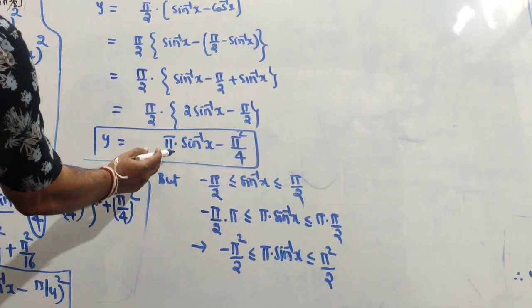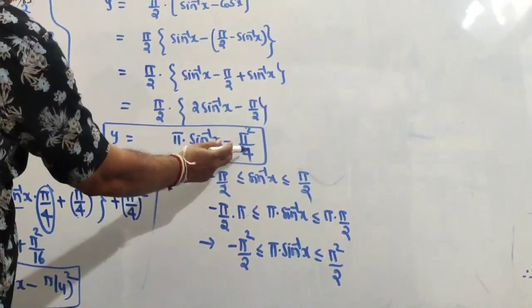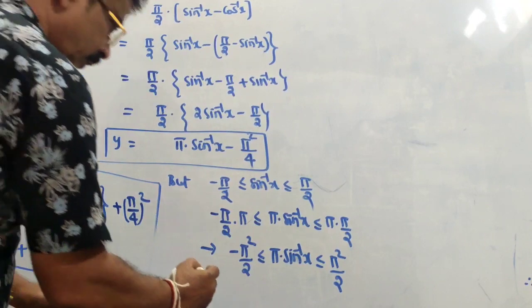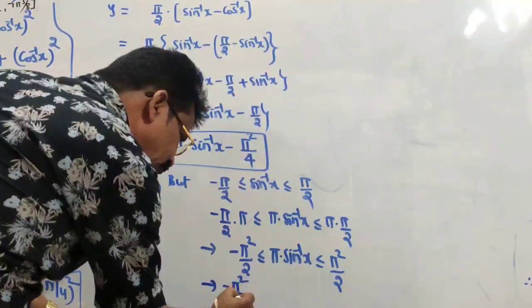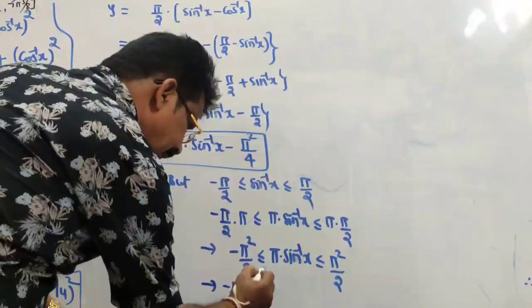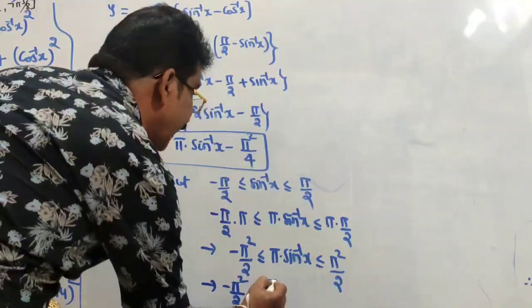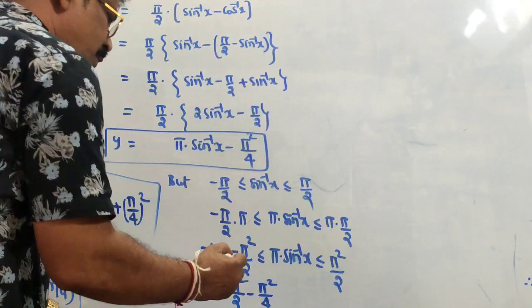Next, subtract pi square by 4. So minus pi square by 2 is already there. Later, subtract pi square by 4 throughout the equation.